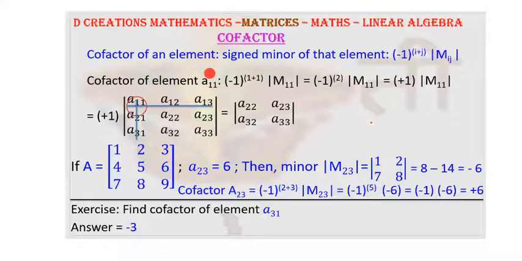For example, if you are looking at the cofactor of element A11, i is automatically 1 and j is 1 as well. So what sign will you assign? Minus 1 raised to 1 plus 1, which is minus 1 squared, which is plus 1 itself. That means the sign is assigned as plus.